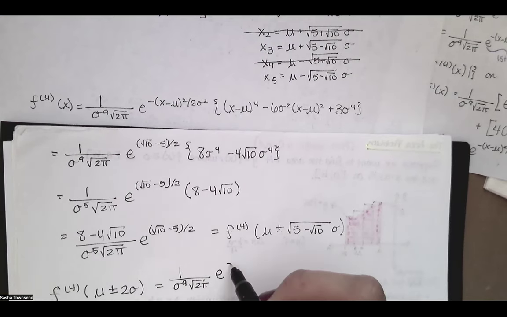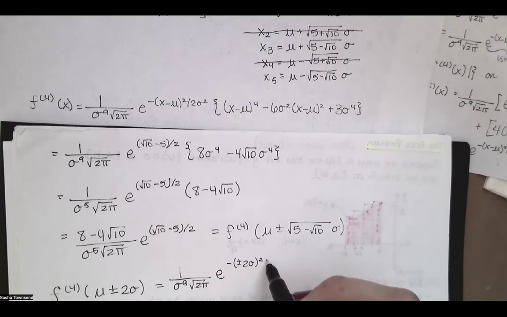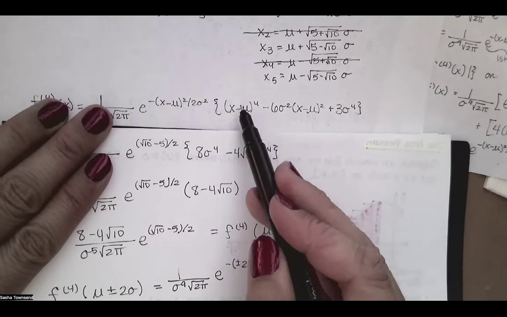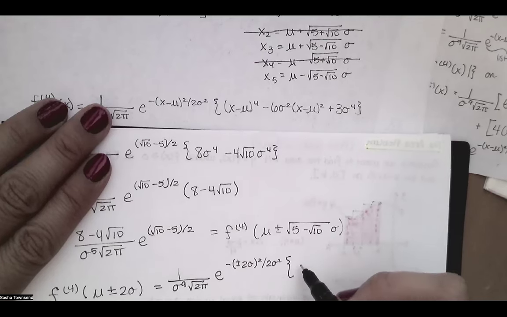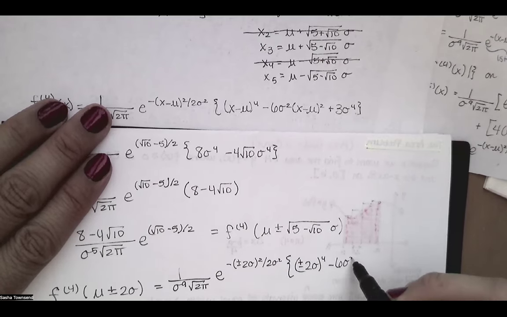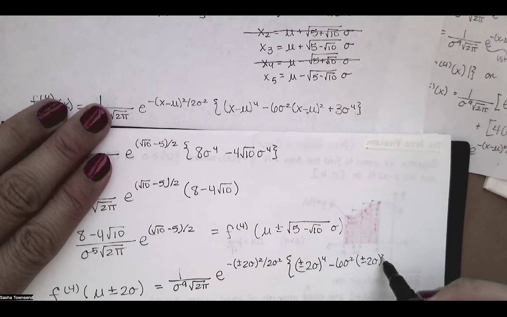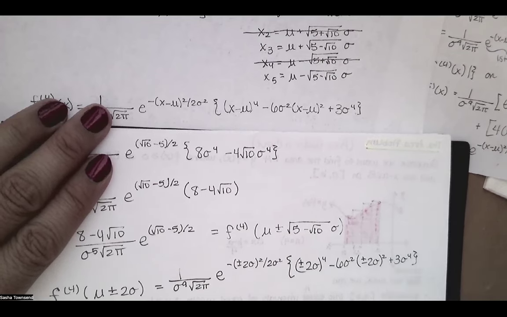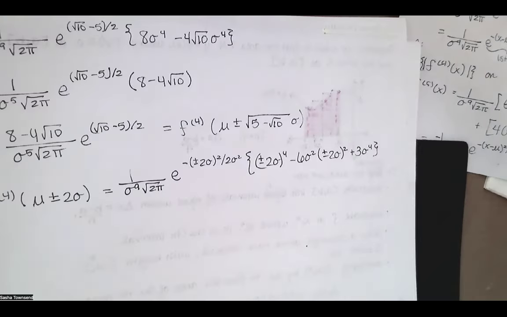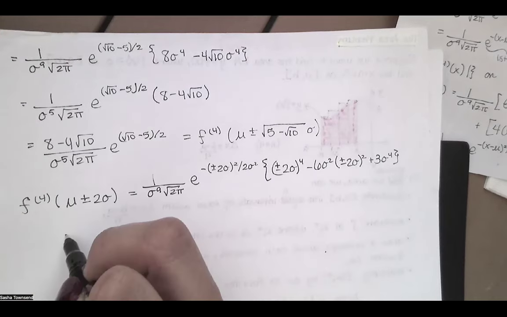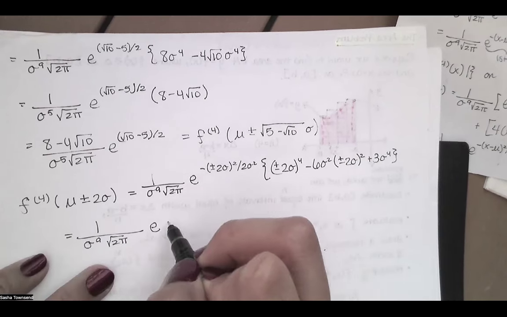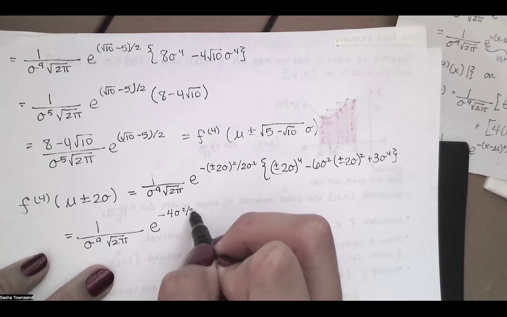So we'll have e to the negative plus or minus 2 sigma squared divided by 2 sigma squared. And then this will be plus or minus 2 sigma to the fourth minus 6 sigma squared times plus or minus 2 sigma squared plus 3 sigma to the fourth.